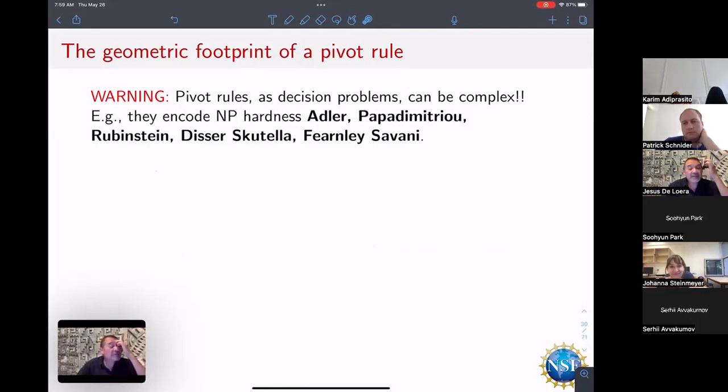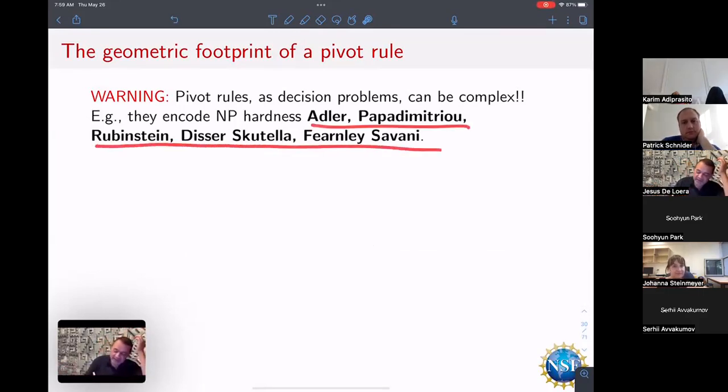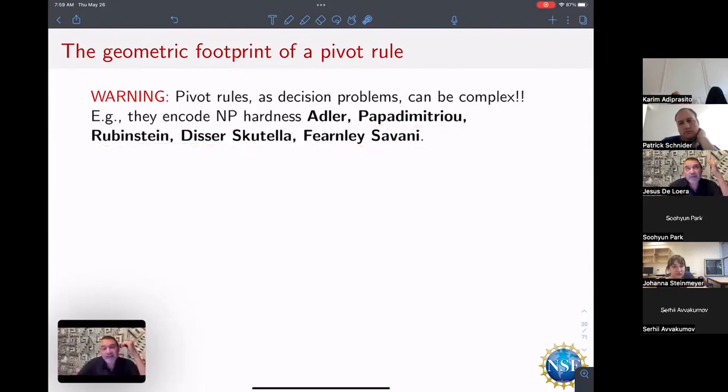Several people here, Adler, Papadimitriou, have looked at linear programs and said, if I have a particular pivot rule, can I answer this question? So for example, here's a very nice question. Karim gives me a linear program, and then Patrick gives me a vertex of that polytope.